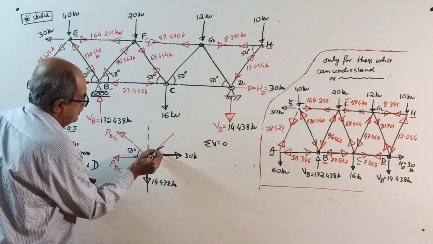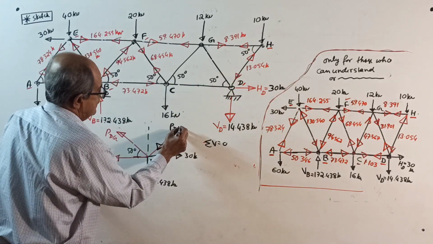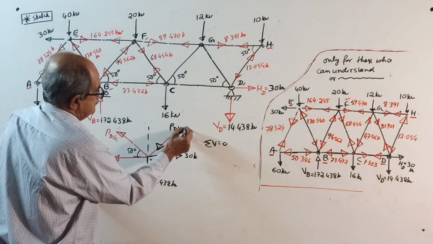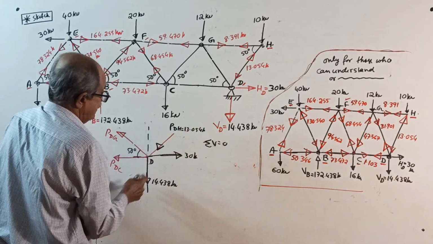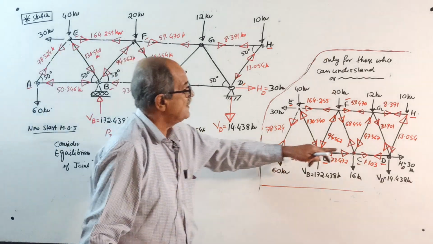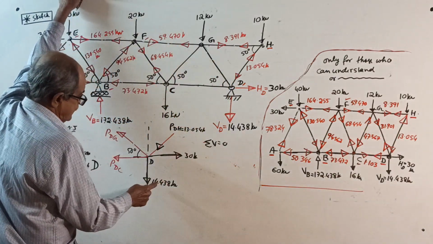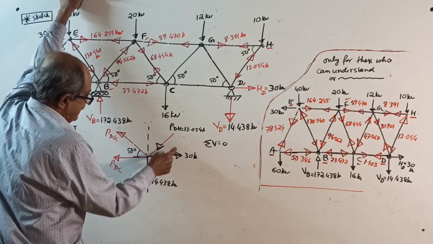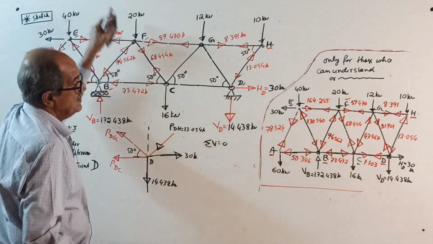It is already known: P for DH, the answer is 13.054 kilonewton. I saw the answer 31 there, and with 14 and 13 there is a shortage, so I forgot that force.